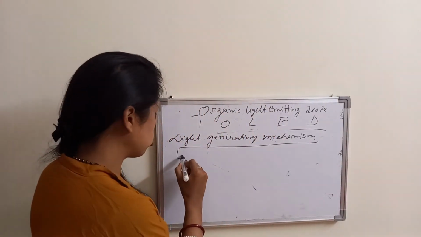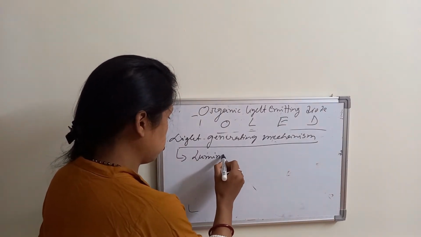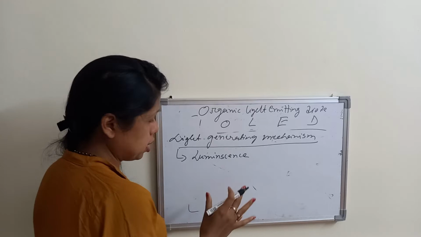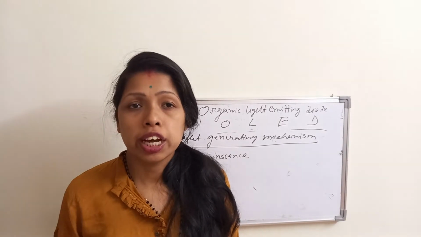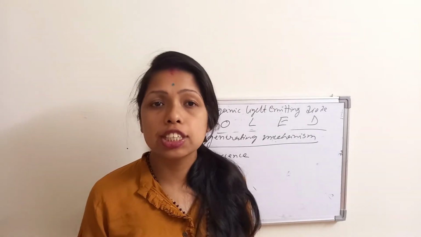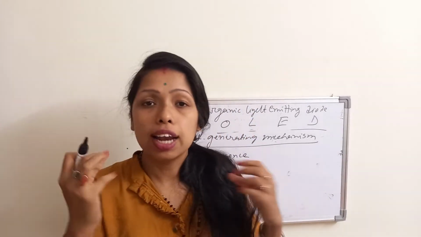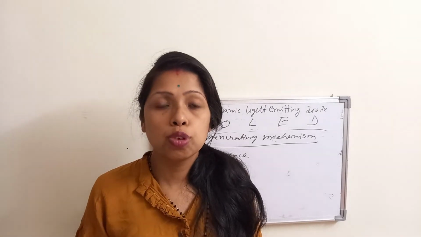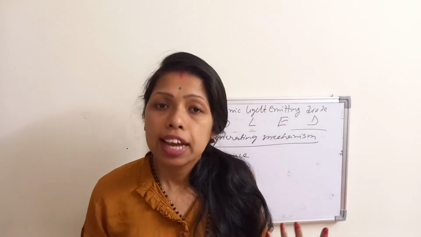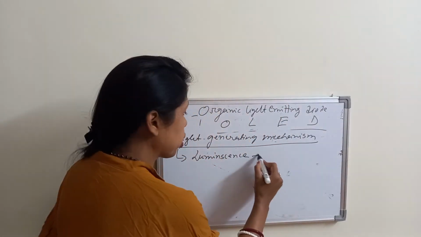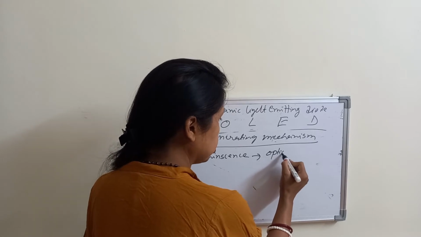There are various light generating mechanisms, and the main one is luminescence. Luminescence means we have to produce light by absorption of optical energy or electrical energy. The output of this device should be optical in form, and the input may be either optical or electrical.